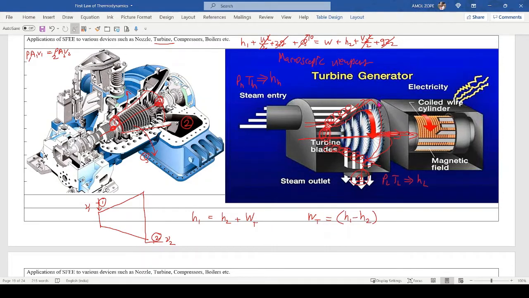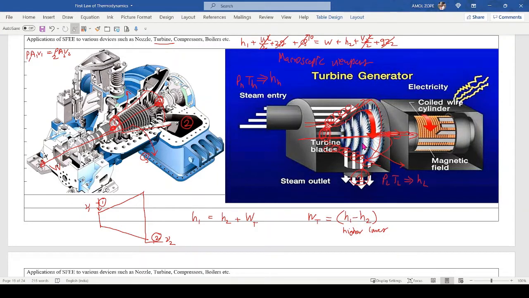Now this system produces work, meaning work goes out of the boundary of the system. See, through this shaft it goes out. Now we can attach any other device here. So this is a higher enthalpy and this is a lower enthalpy.